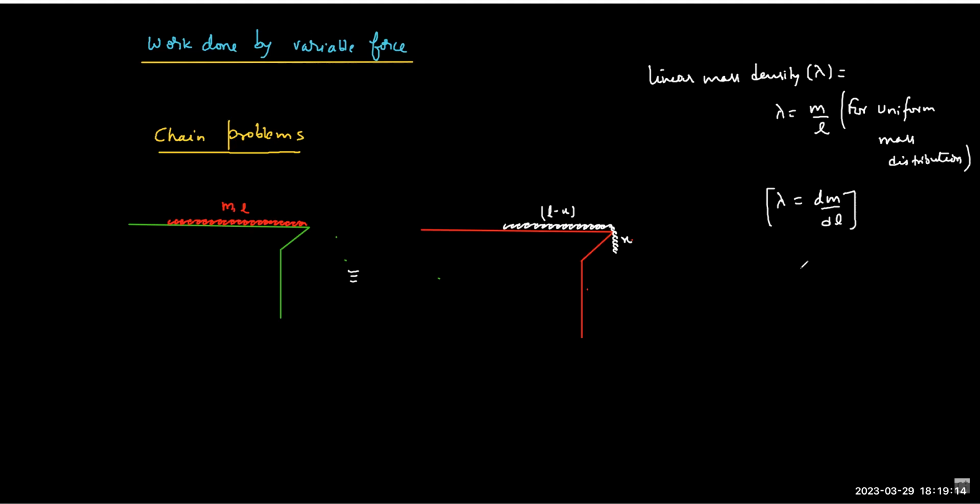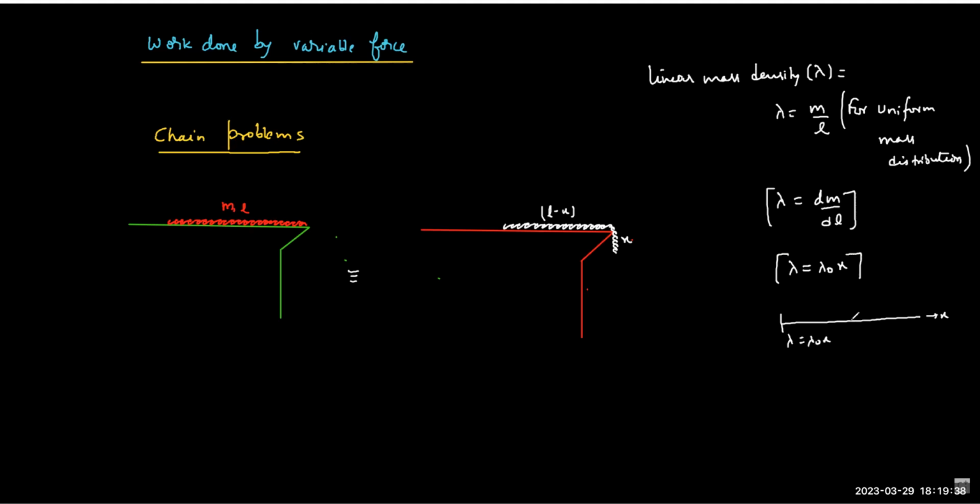Generally it is given sometimes as a variable. Let's say they give you lambda as lambda not x, which means as x increases, the density changes. It could be some other symbol. Say I have a chain or maybe something else, and I call this the x-axis, and lambda equals lambda not x.